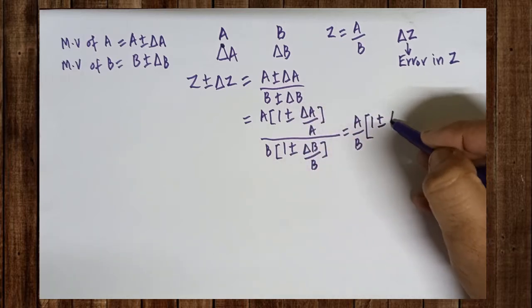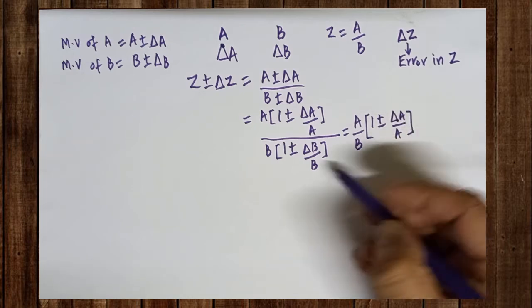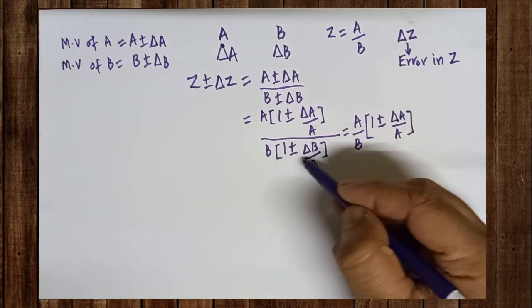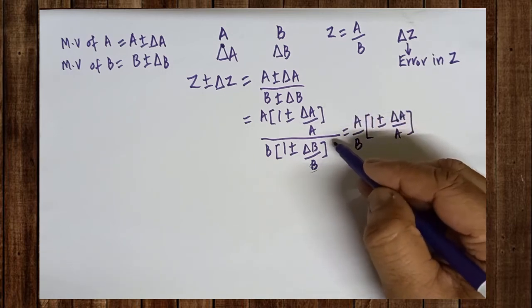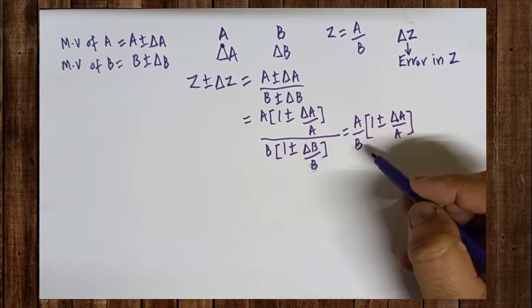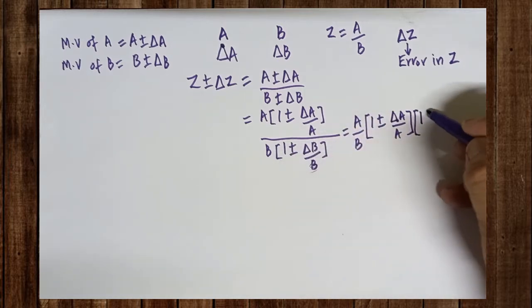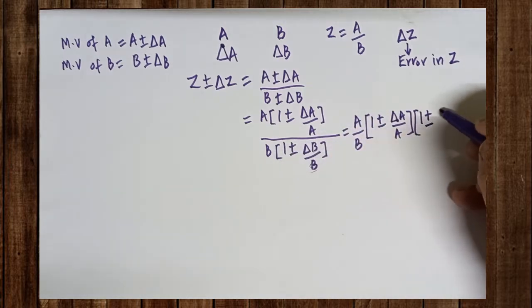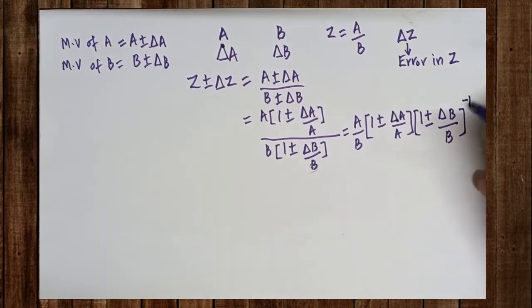The denominator portion can be written in the numerator with the power of minus 1. Are you clear? If anything is brought to the numerator, it is written as the inverse. Therefore, the factor is 1 plus or minus del B divided by B, power of minus 1.